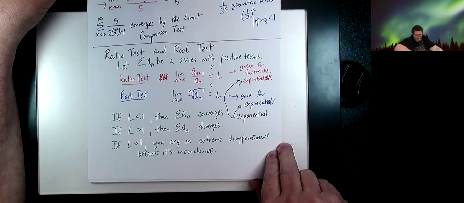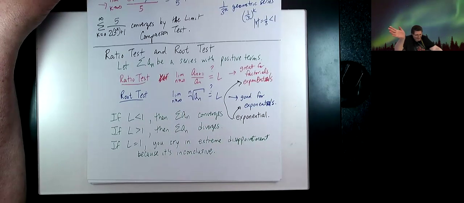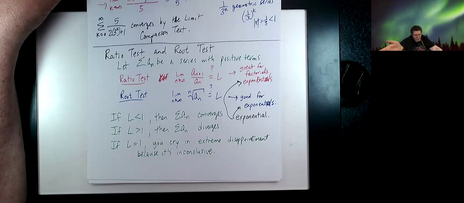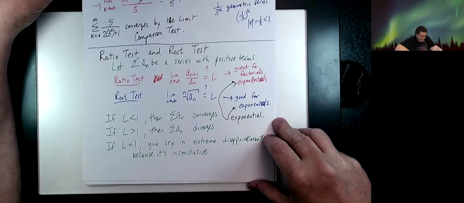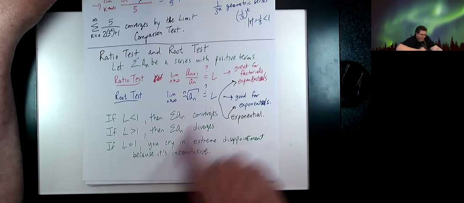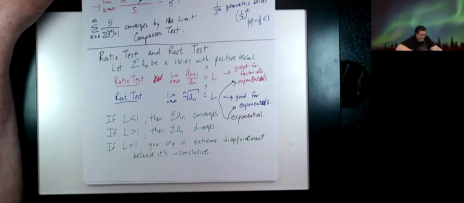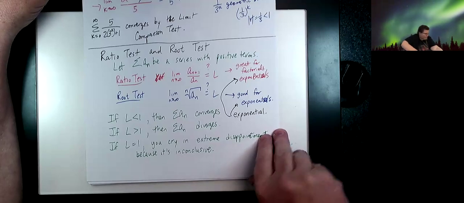Because the idea with the root test is that you want it to cancel out the exponent and not leave anything else there. Having the nth root of anything is not helpful. You don't want to be left with a root in there.